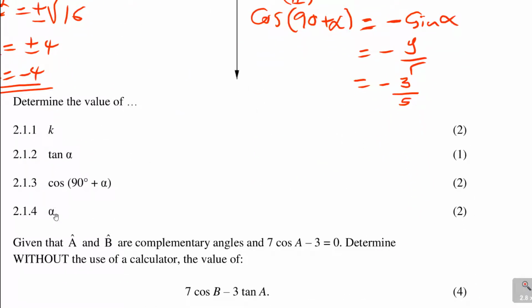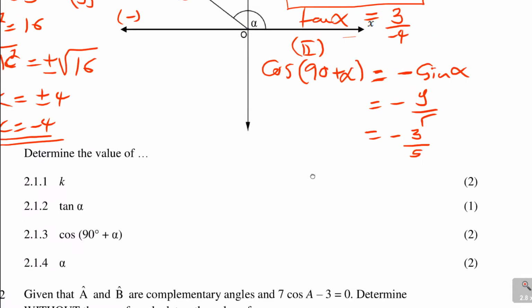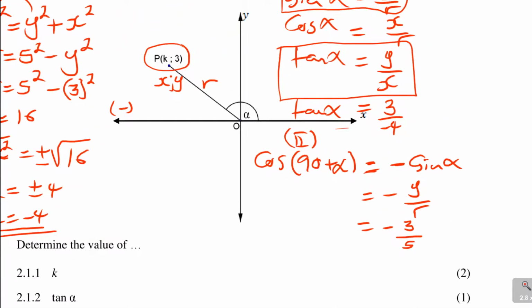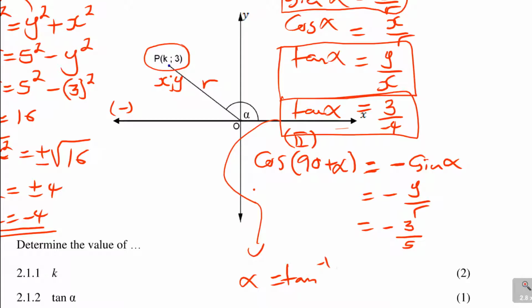Let's do the next one, find alpha. There are many ways of doing that, but the first one there, tan alpha, can actually help you. What was tan alpha? You can take it from here: tan alpha, therefore alpha is arctan of 3 over -4.